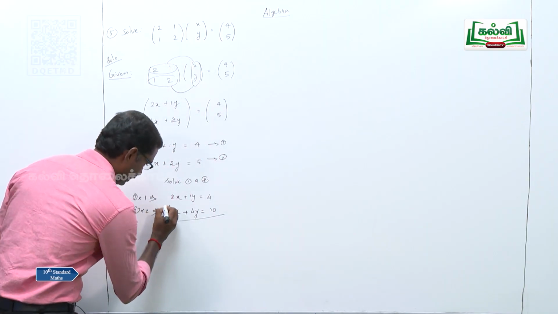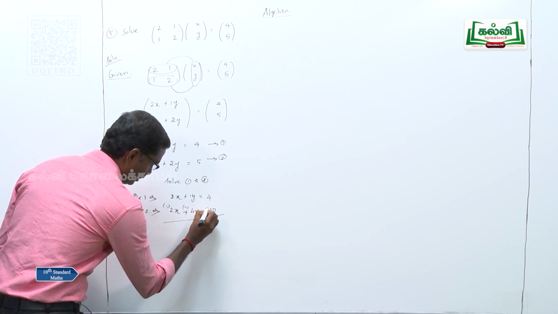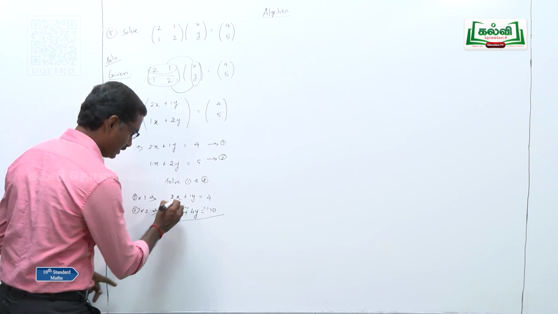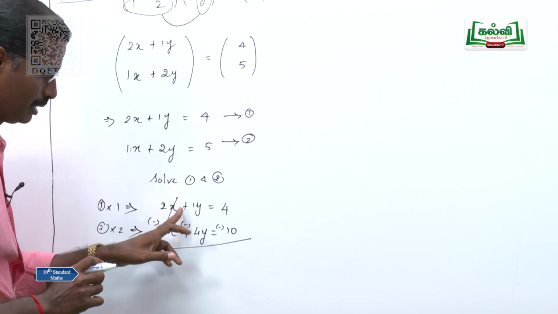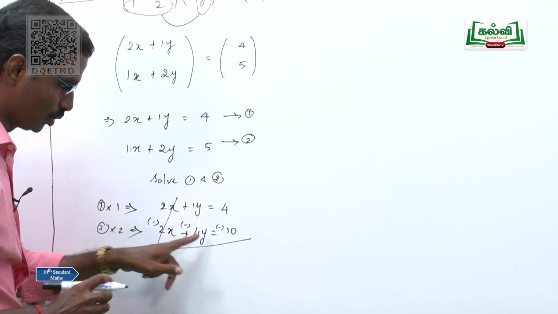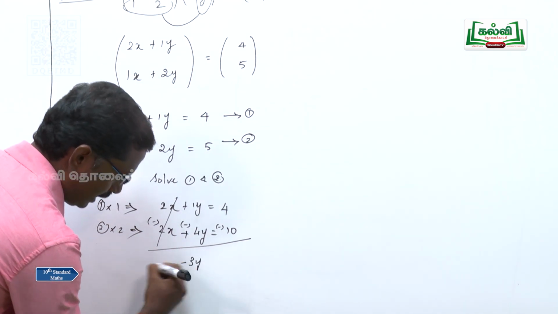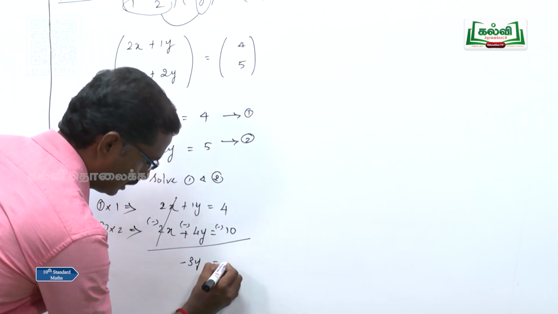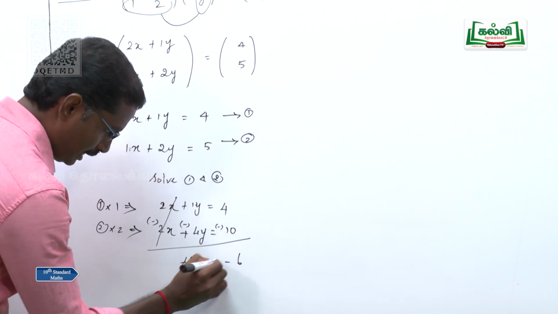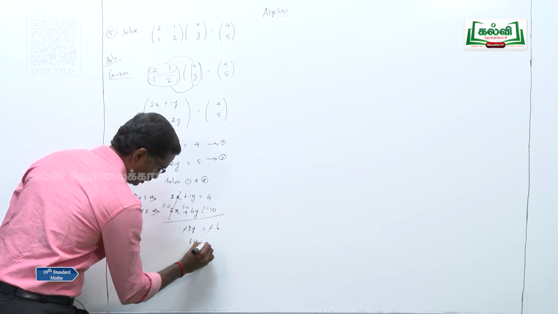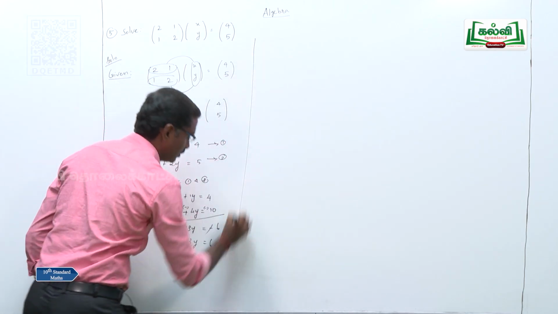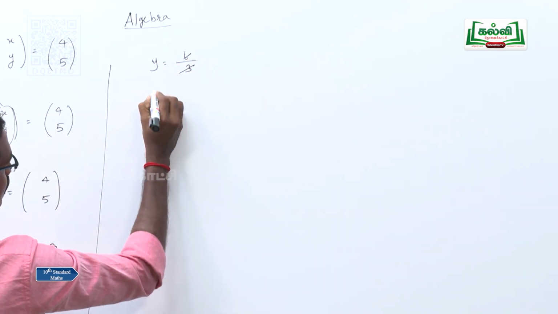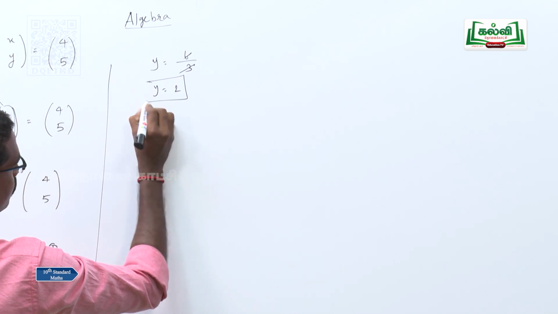Change the sign to minus, so here also minus, and we can eliminate. Plus 2x minus 2x cancels. Balance: plus 1y minus 4y, we get minus 3y. Right hand side: plus 4 minus 10, you will get minus 6. Cancel minus minus, balance 3y equal to 6. So y equal to 6 divided by 3, you get y equal to 2.